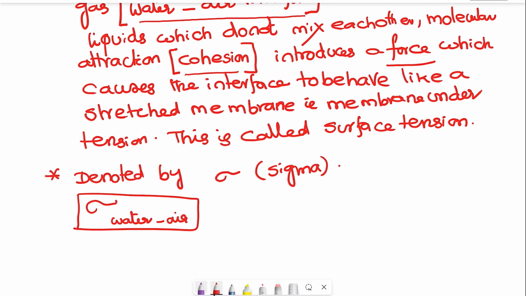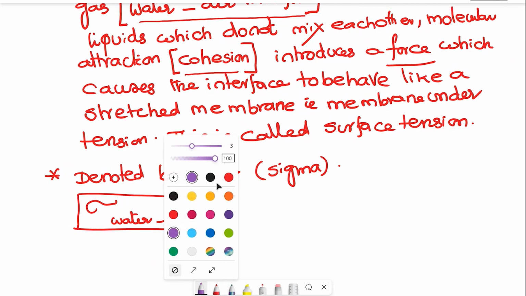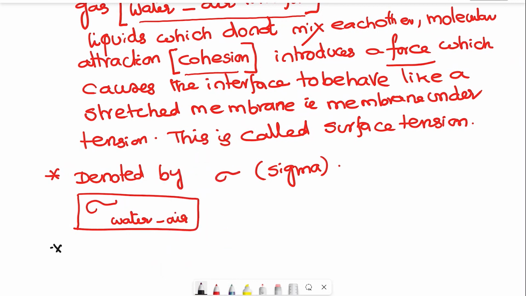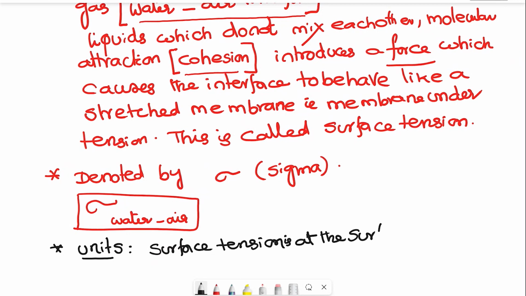The next point, what are the units of surface tension? Surface tension is at the surface. It is a line force.